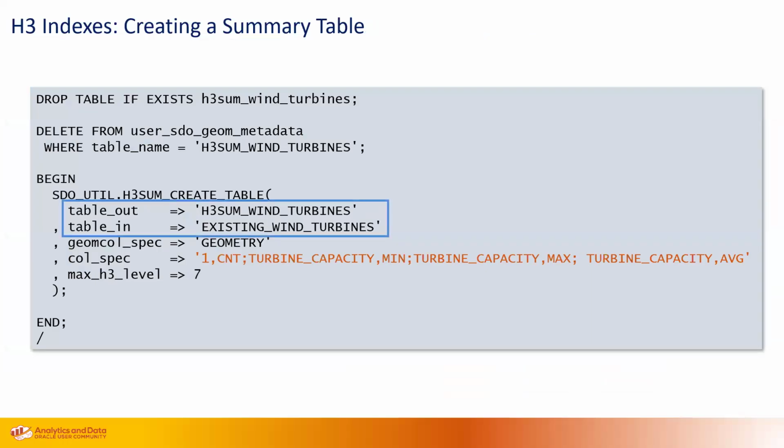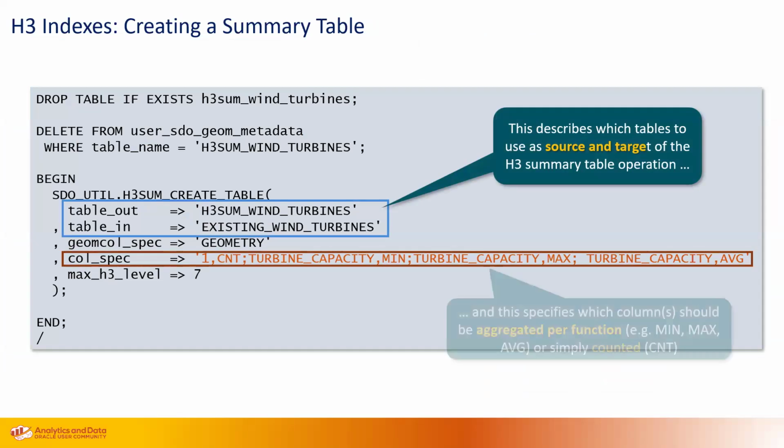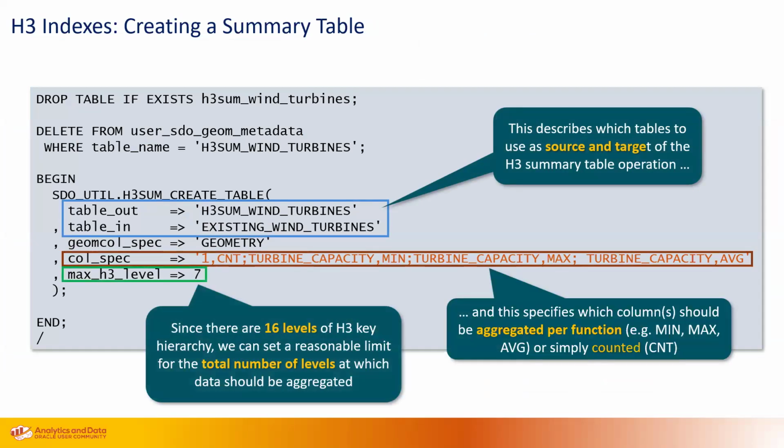Because I can also build a table. In this case, notice I'm calling a table H3 sum wind turbines. What am I doing here? Well, it's that cow spec argument that I want to draw your attention to. I want to take existing wind turbines, and I would like, dear Oracle, to create a series of H3 values at zoom level 7 and higher.